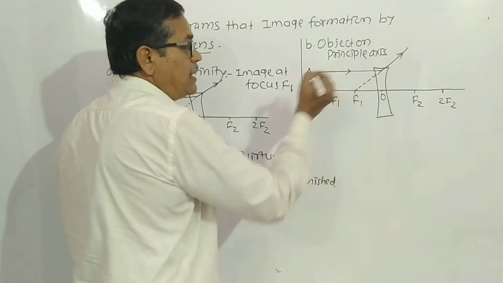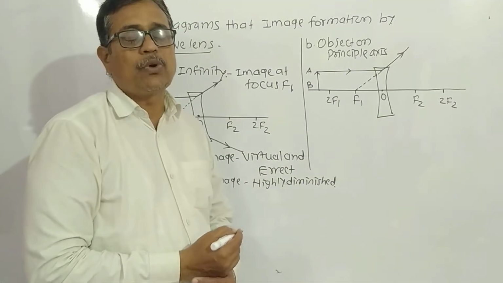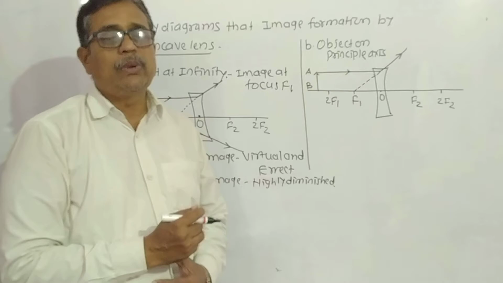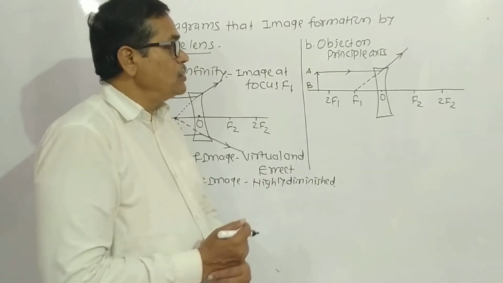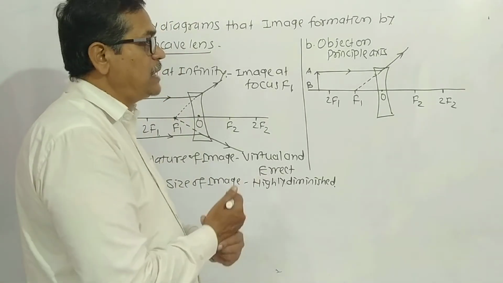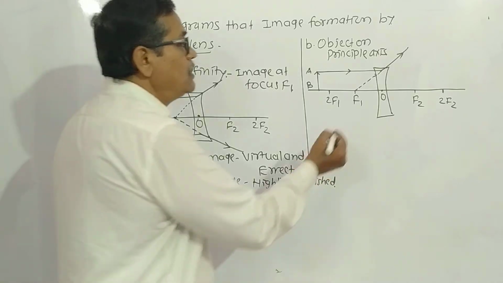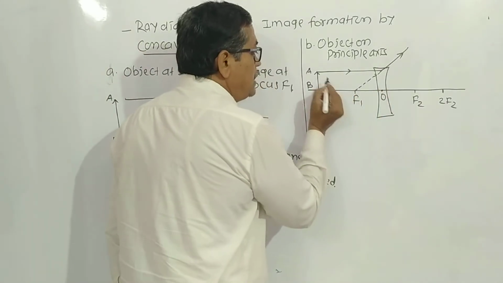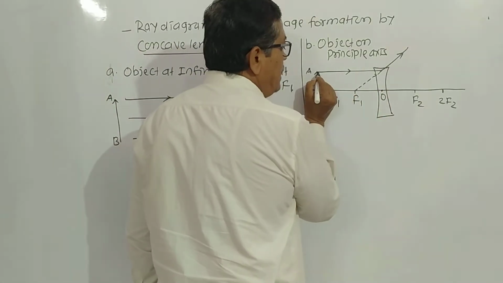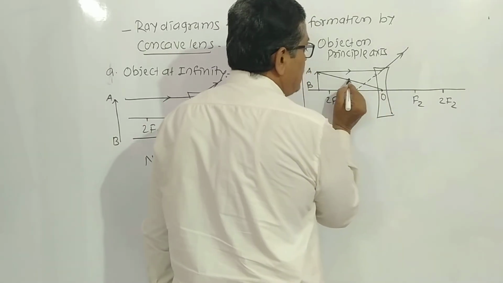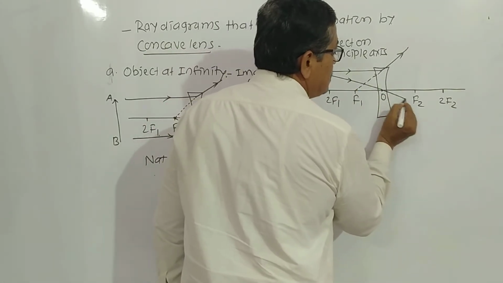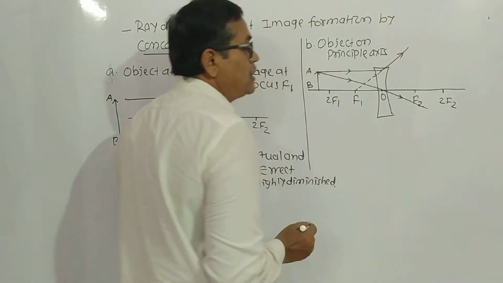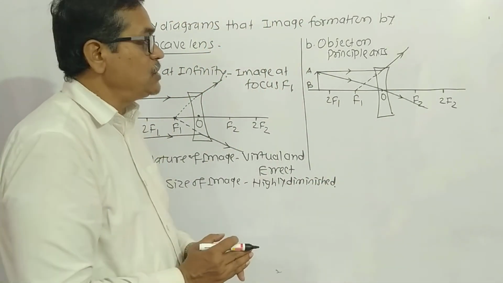The refracted ray appears to come from the focus. That is rule number 1. Then dear student, what is rule number 3? Rule number 3 is that a light ray passing through the optical center passes undeviated without changing direction.